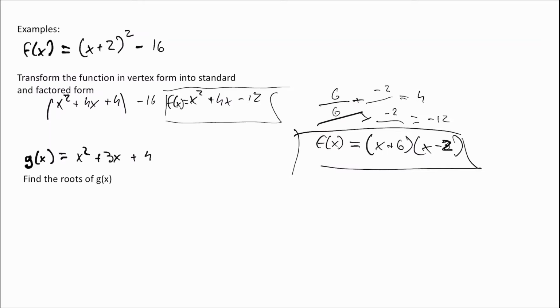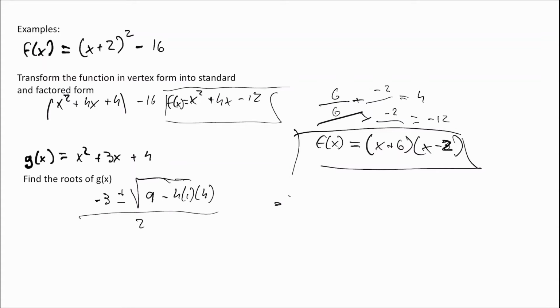So my second example I'm going to give you here, so I have g of x equals x squared plus 3x plus 4. I want to find the roots of g of x. So quadratic formula. Negative b, so negative 3 plus minus the root of b squared, minus 4ac over 2a. I'm not going to write that a.